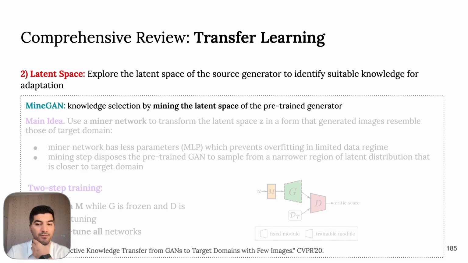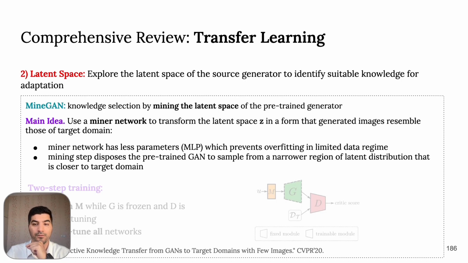First work is the CVPR 2020 work. The name is MineGAN. And the idea is that they perform this knowledge selection by mining the latent space of the pre-trained generator. For this purpose, they use a miner network to transform the latent space, Z, in a form that generated images are more similar to the target domain.